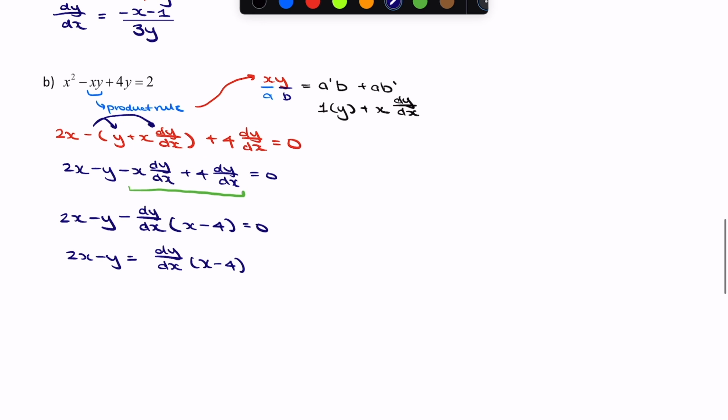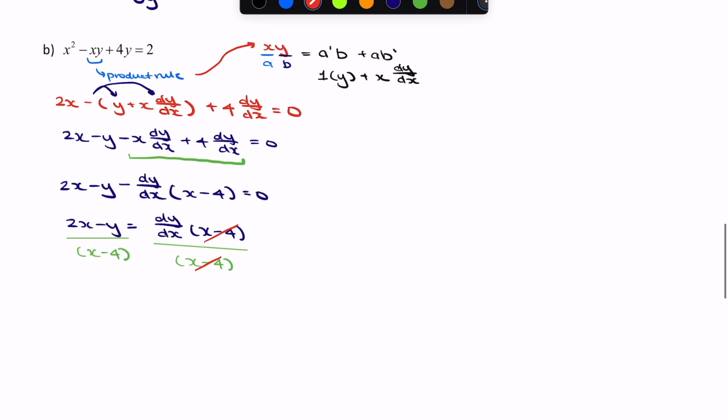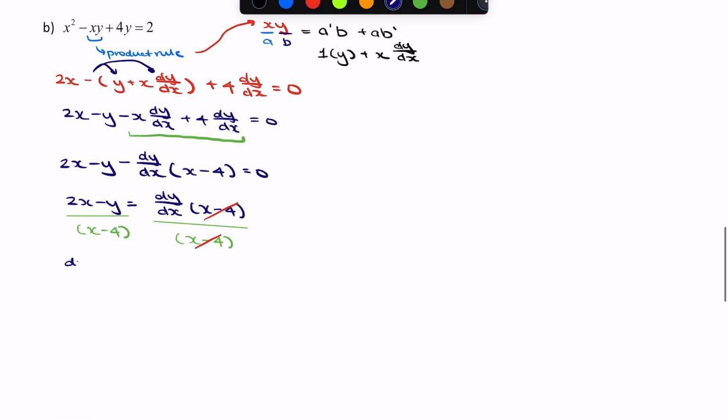Okay, so here, again, x minus 4 is multiplying dy over dx, so we're going to divide both sides by x minus 4. And so here, we see that dy over dx is equal to 2x minus y over x minus 4 as our final answer.